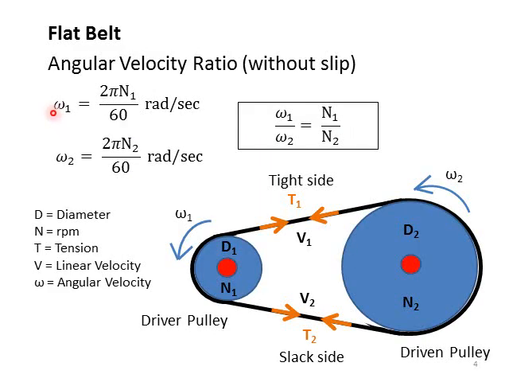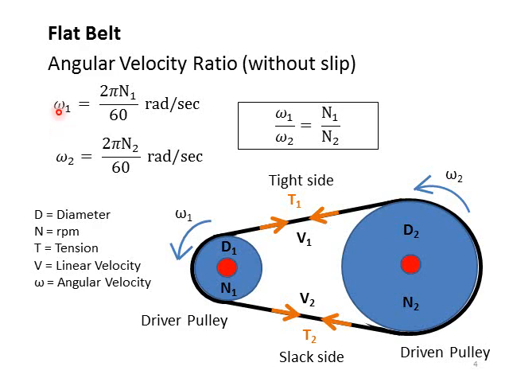So omega 1 is referred to as the angular velocity of the driver pulley, and from our basic knowledge it is equal to 2 pi multiplied by the RPM of the driver pulley divided by 60, and the units will be radian per second. Similarly, omega 2 is defined as 2 pi into RPM of the driven pulley divided by 60, and the units will be the same, radian per second.